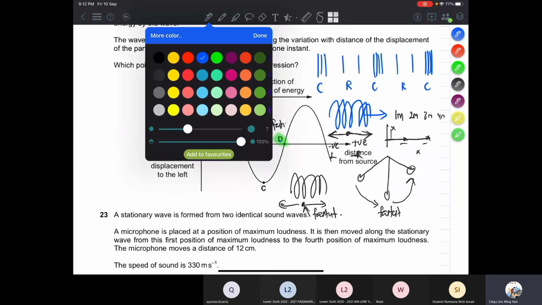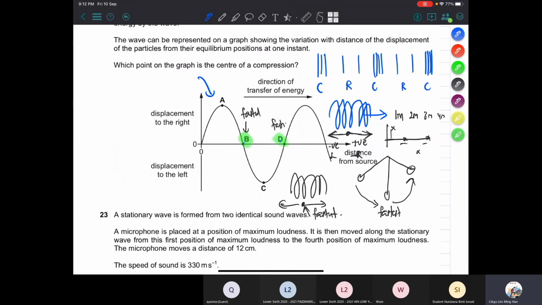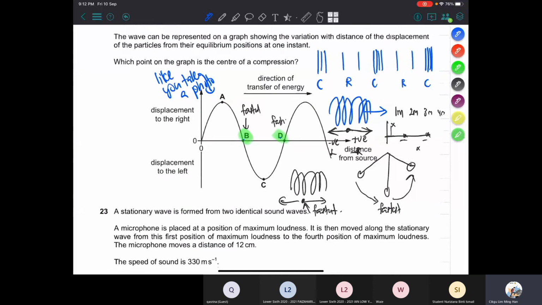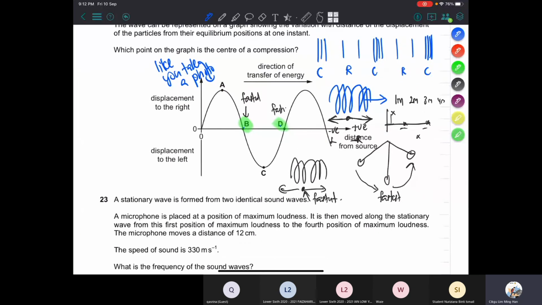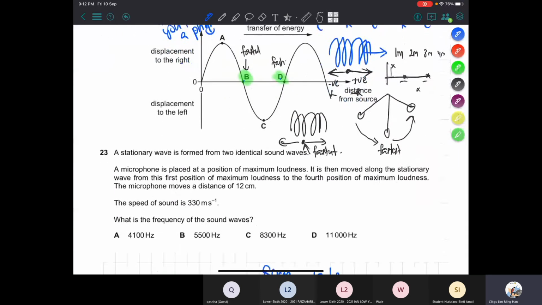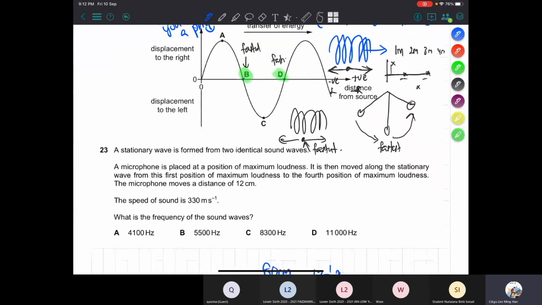Meaning this is like you take a photo of the spring and then you see the displacement of the spring. Okay, we just leave it first. 22 is B.